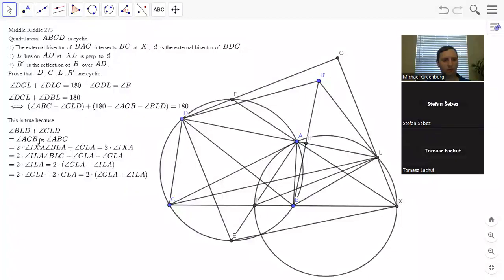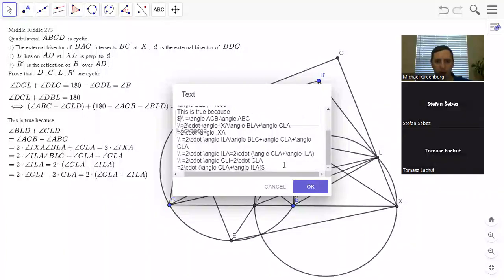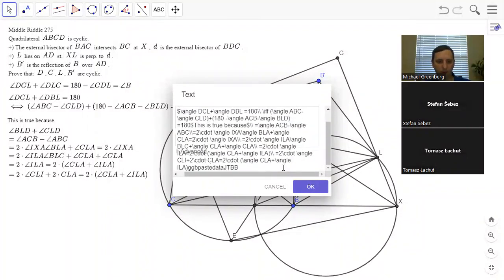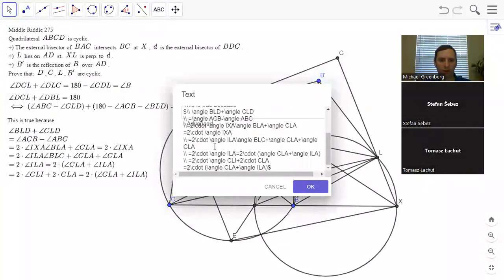And you see the first, 2 times IXA. So basically I should do it kind of like this. Is it kind of like I should put that in the end? No, just write these lines just as they are, and everything should be fine. Just put the line breaks where I tell you. 2 times IXA.